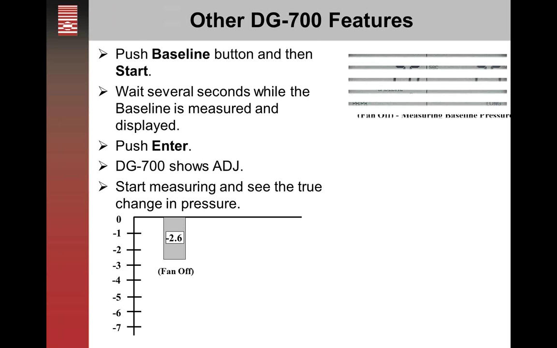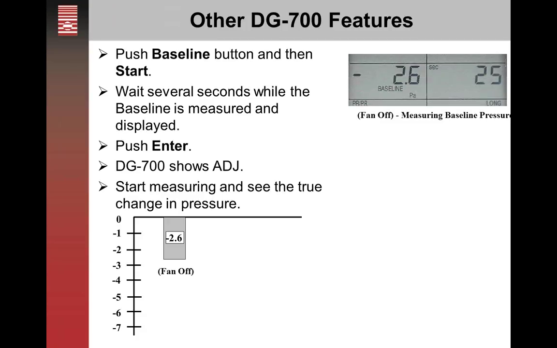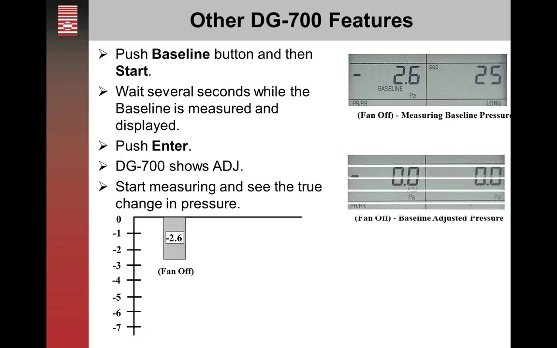We wait a few seconds for the baseline to be measured, and you'll see that in the upper right hand corner we've turned our fan on, and now our fan is off, and the baseline of the house after 25 seconds is a -2.6. We press the enter button and the DG700 will show an adjusted value, ADJ, and then we start measuring and see the true pressure change when we start turning fans on.